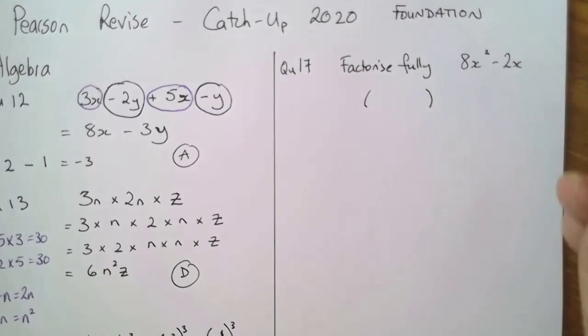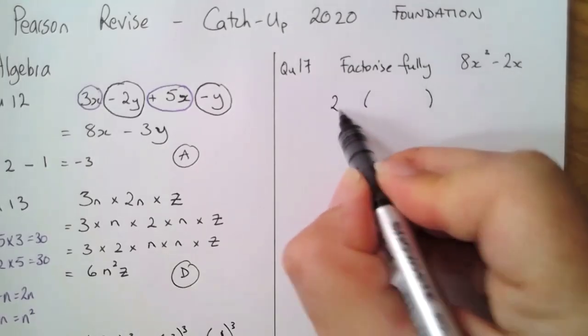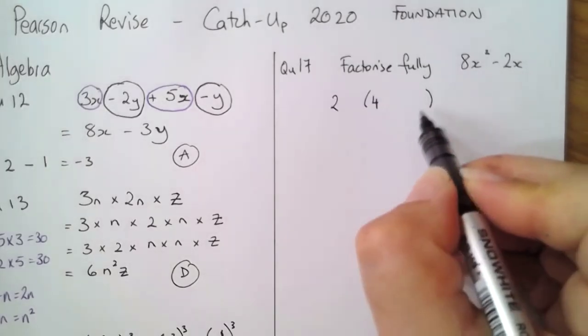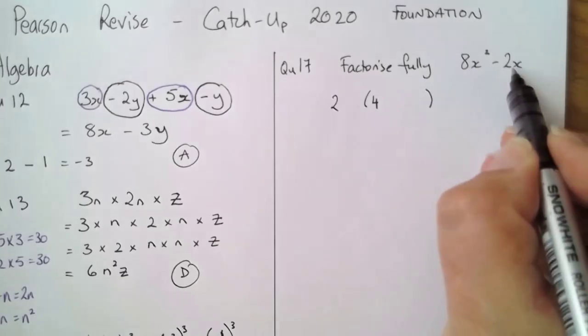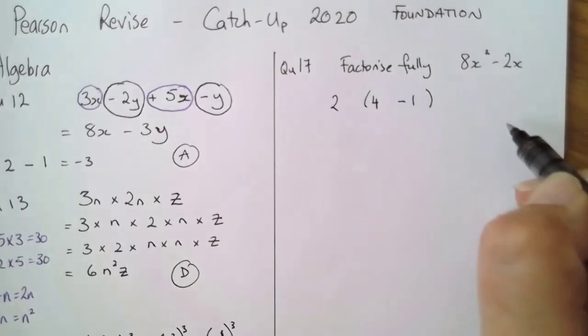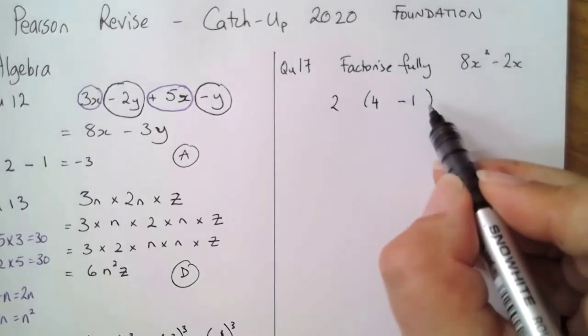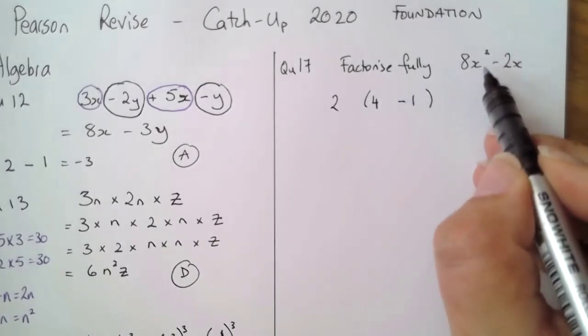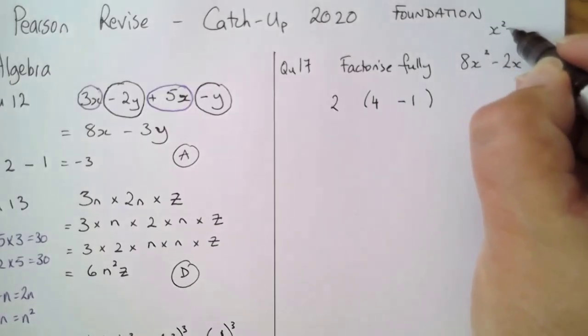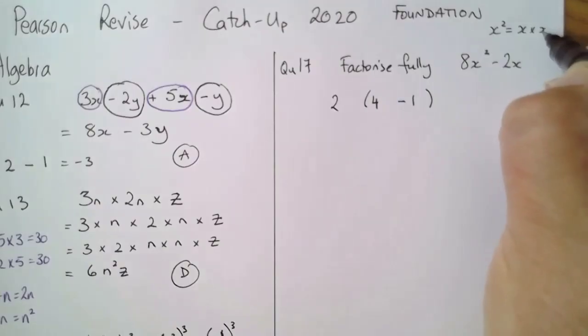If it's got another term here and you can't take a common factor out, then what we're looking at is double brackets. Okay, so I'm going to take the term 2 out of here. 2 multiplied by 4 becomes 8, and this is just going to be a 1 here. I know it's going to be subtract, so it'll be subtract 1, maybe something after it. I've got x squared here. X squared is made up of x multiplied by x.